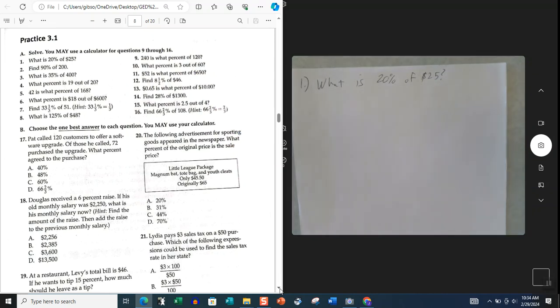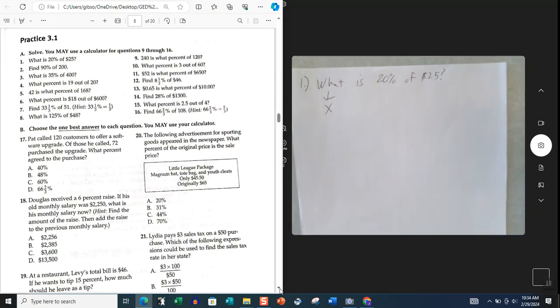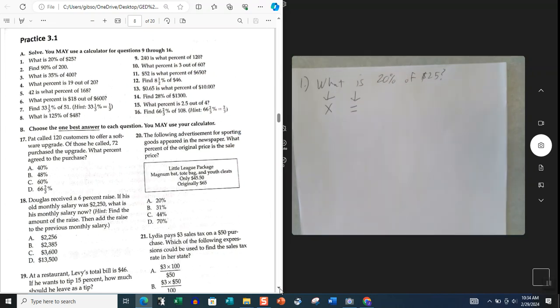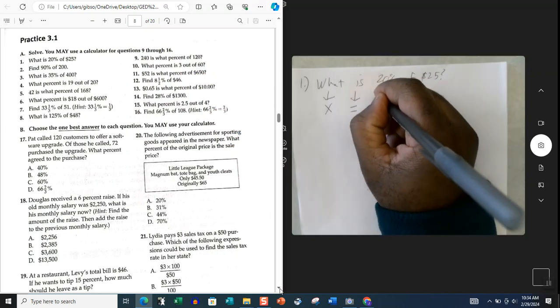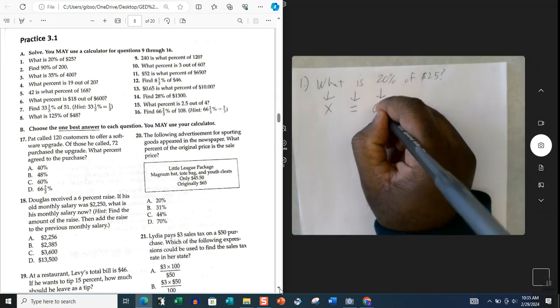So let me show you how this works. The word what, we don't know what that is. That's X. The word is means equal. 20%, we will rewrite that as a decimal. 20% rewritten as a decimal is 0.20.